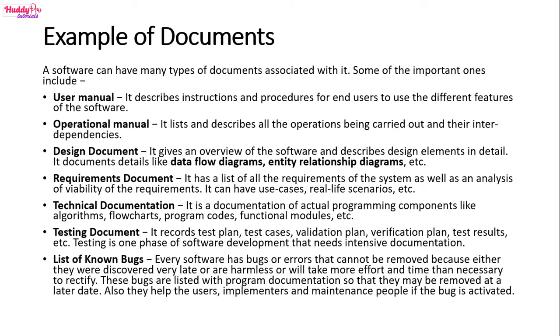Then you have the requirements document. This one is one of the very first documents that you create as a software engineer. This kind of document just has a list of all the requirements of the system, as well as an analysis of viability of the requirements. So it can have the use cases, real life scenarios, and so on.